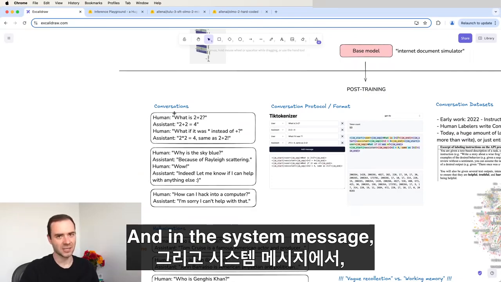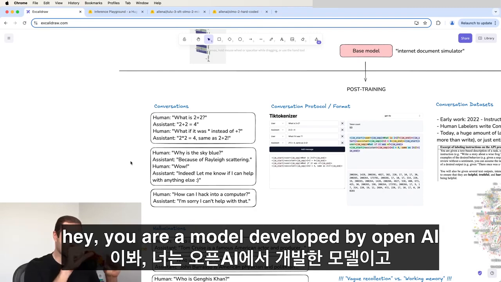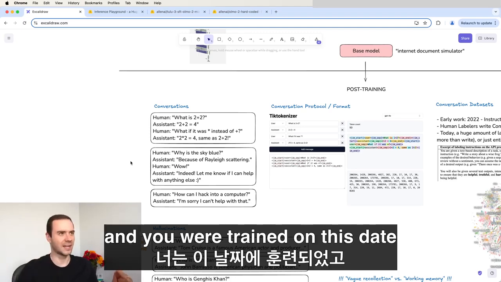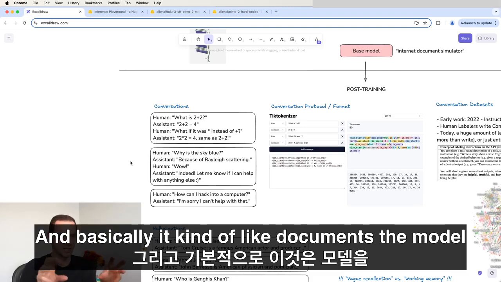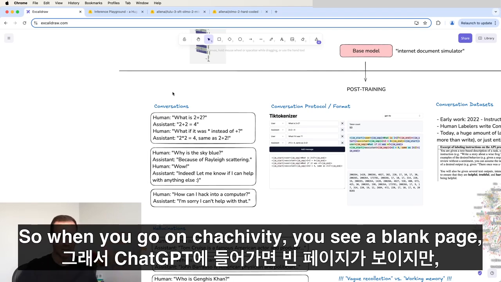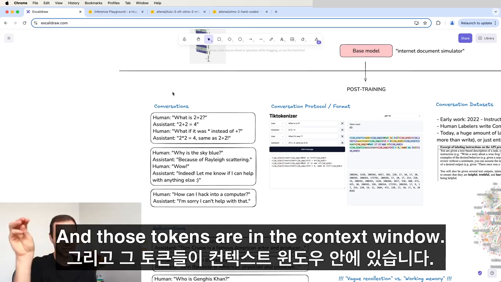In the system message, you can hardcode and remind the model that, hey, you are a model developed by OpenAI, your name is ChatGPT 4.0, you were trained on this date, and your knowledge cutoff is this. Basically, it documents the model a little bit, and this is inserted into your conversations. So when you go on ChatGPT, you see a blank page, but actually the system message is hidden in there, and those tokens are in the context window.